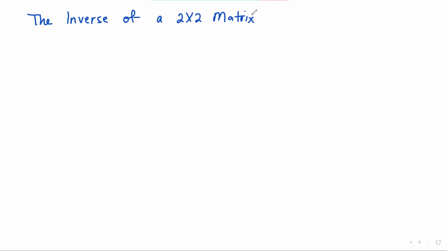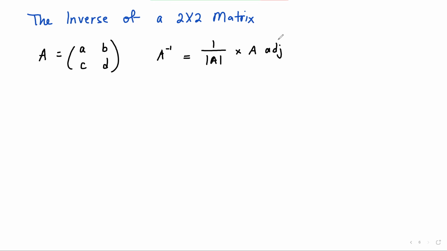Right, so if you have a matrix A, and A is A, B, C, D, then A inverse, written like this, is given as 1 over the determinant of A multiplied by A adjoint. That's how you find the inverse of a matrix. So that's how you state the inverse of a matrix.